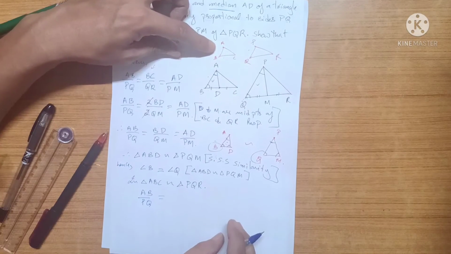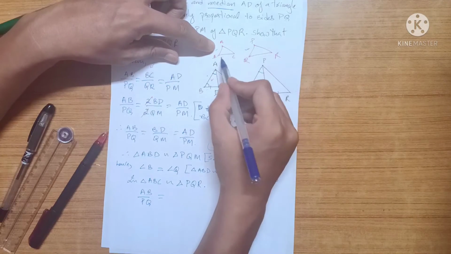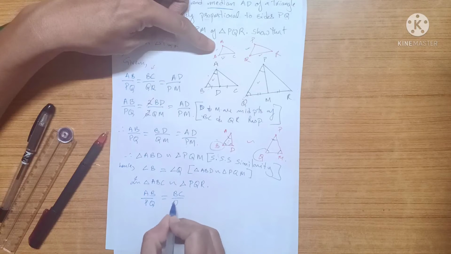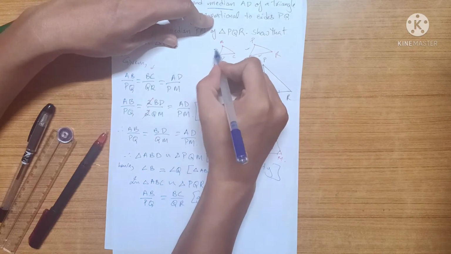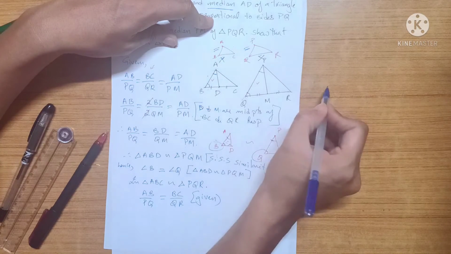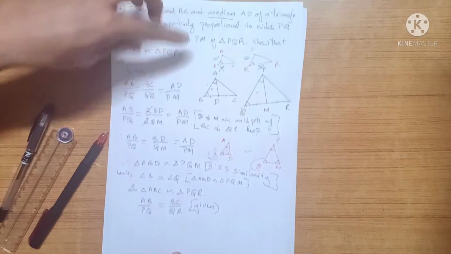equal to, I hope everything is coming out on the screen. AB by PQ is equal to BC by QR. It's already given here, right? So BC by QR, which is given. So this by this equal to this by this. And then we already showed that angle B equal to angle Q. So which means what?